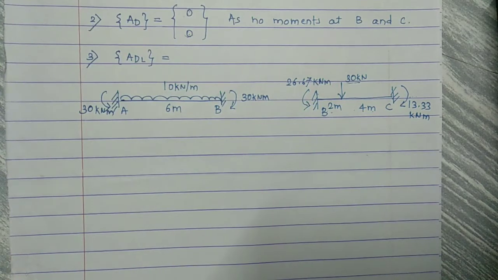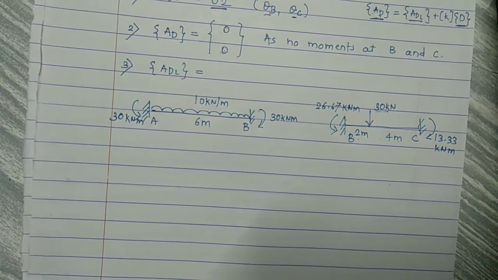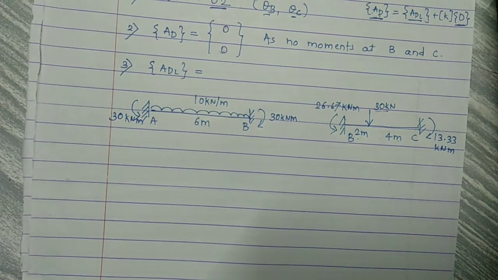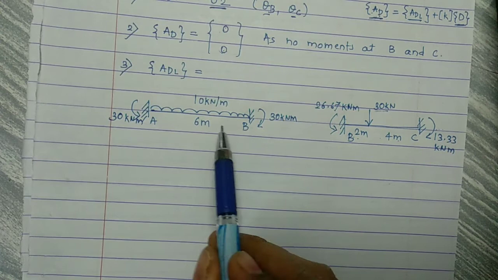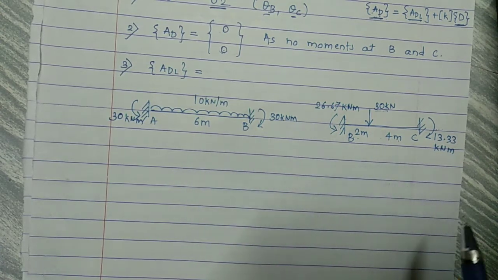So these restraint moments for both members are calculated. Now write down this ADL matrix, but before that, these are the restraint moments.